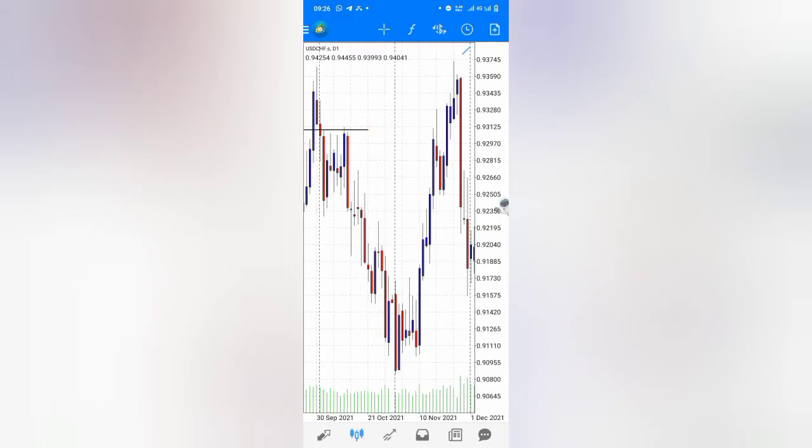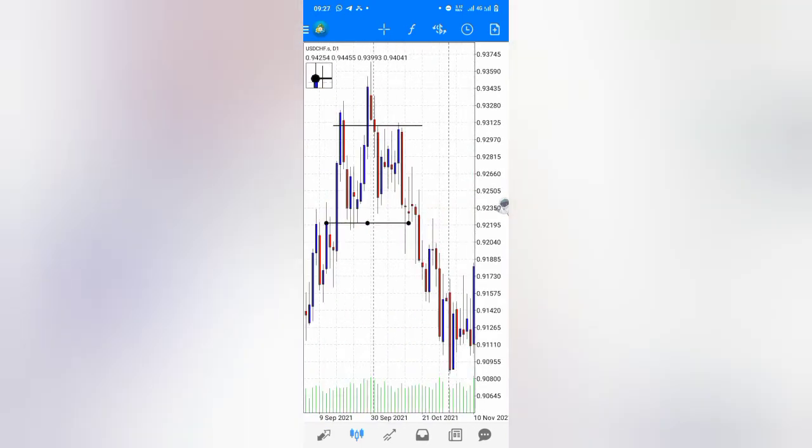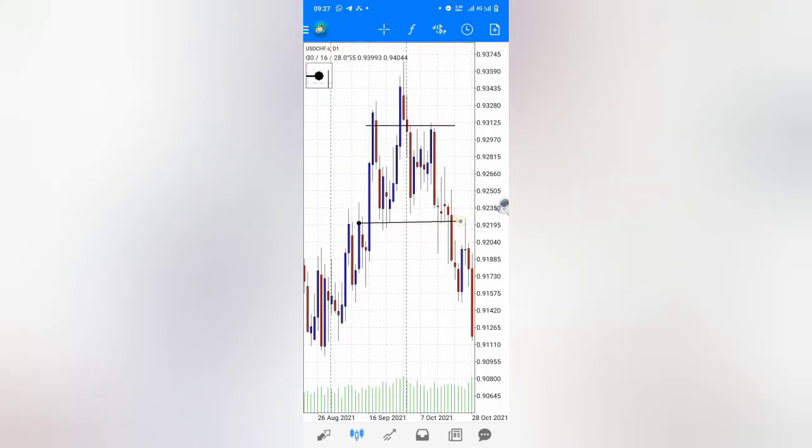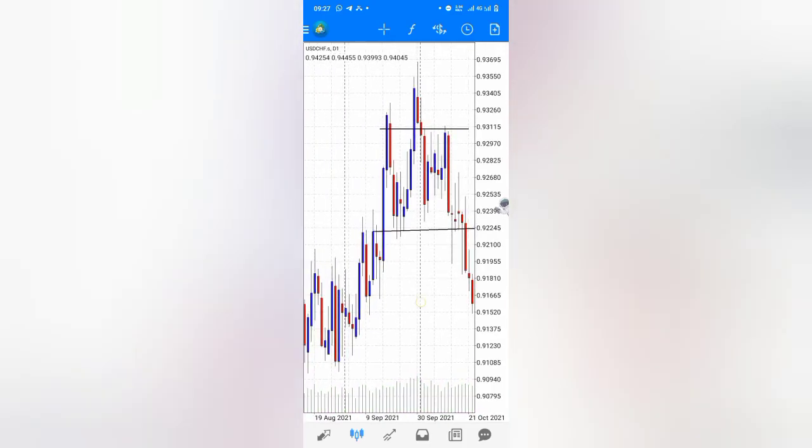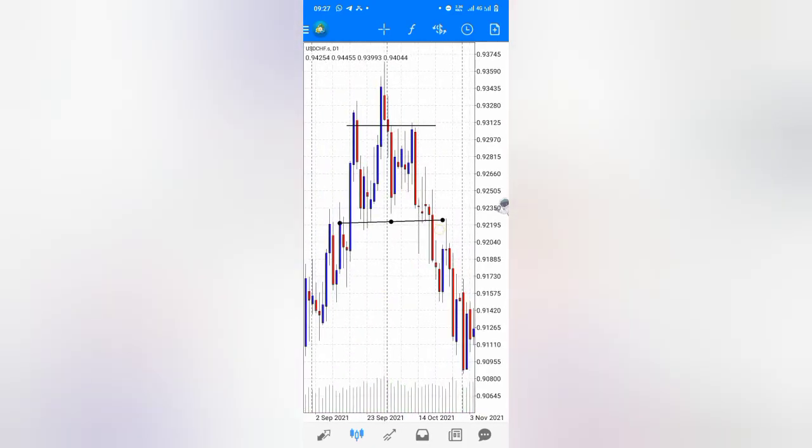We use another one. It goes to this level and makes a range, at least two or three lines that have touched that place.